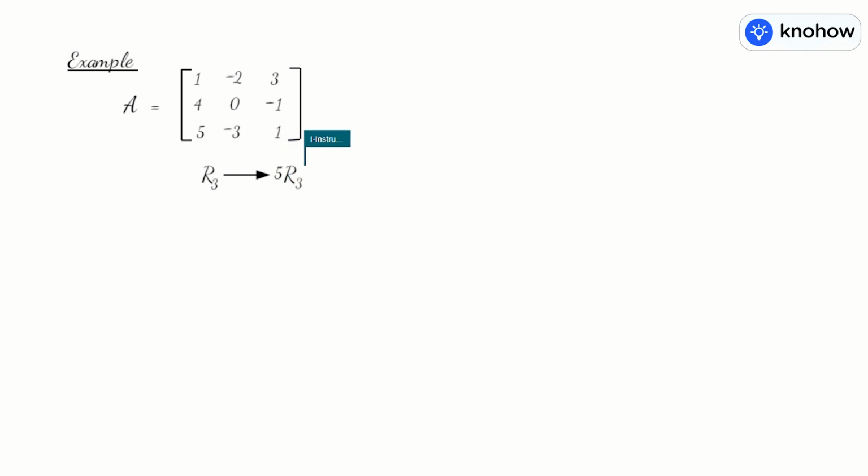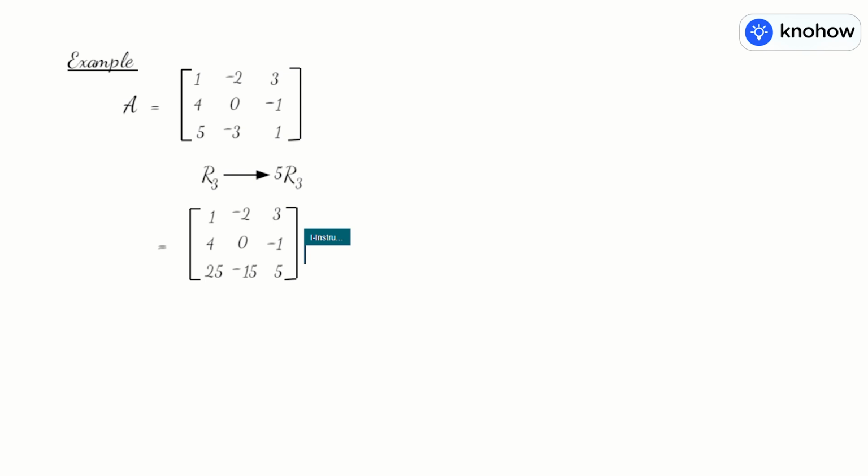That replace R3 by 5 times R3. The new matrix so obtained by this elementary row transformation will have the first 2 rows, 1, -2, 3, and 4, 0, -1 remain the same. The third row you multiply by 5, you get 25, -15, and 5. That's what you mean by the second operation, that multiply the elements of any row or column by a non-zero number.